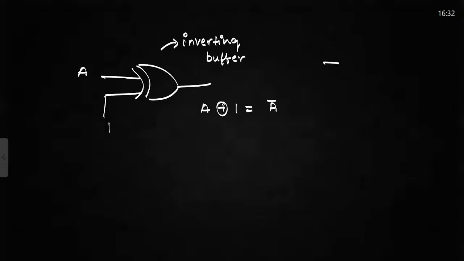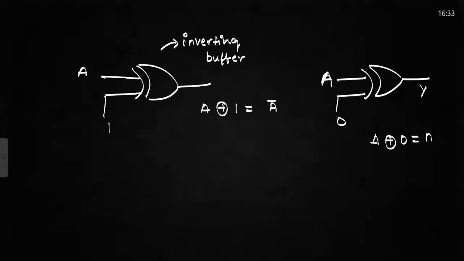Now let us take this as A and I will take this as constant 0. Then my output will be A XOR 0, which is always A. So this is acting as a buffer.